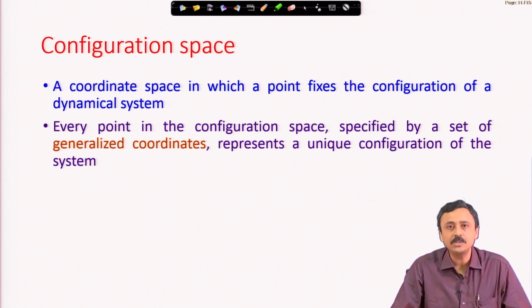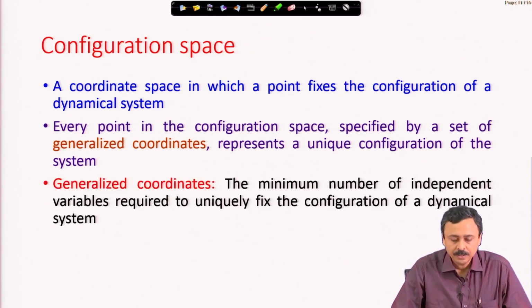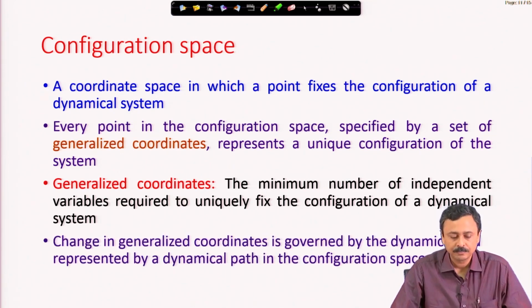Where is it located, how is it located, everything will be answered by the generalized coordinates. The formal definition of generalized coordinates is given here. The minimum number of independent variables required to uniquely fix the configuration of a dynamical system. This is a minimum number, this is very important to note.